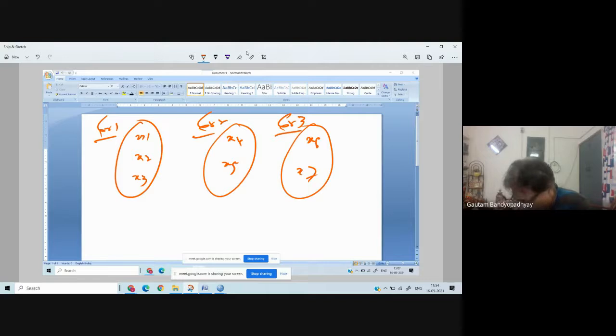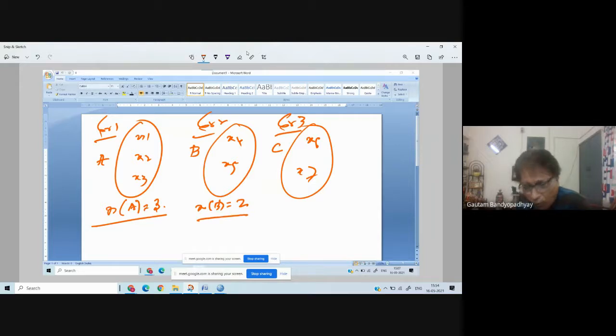We give the groups names, like basic science, social sciences: A, B, and C. So the cardinality of group A is 3 members, the cardinality of group B is 2 members, and the cardinality of group C is also 2 members. Cardinality means how many members are in the group.